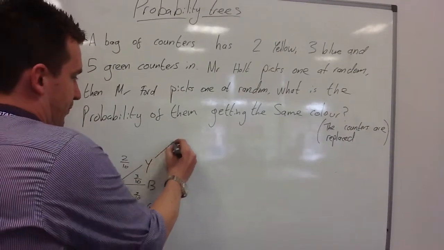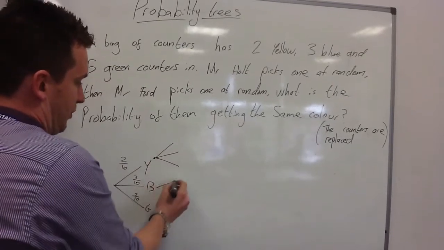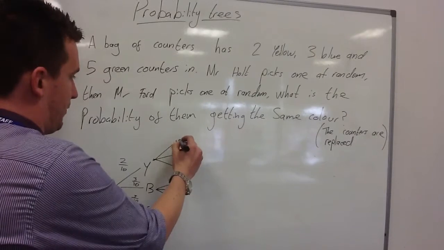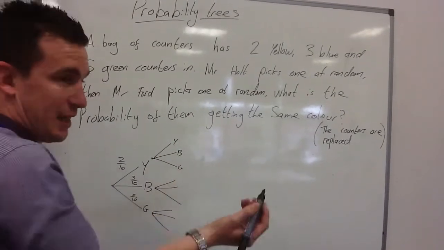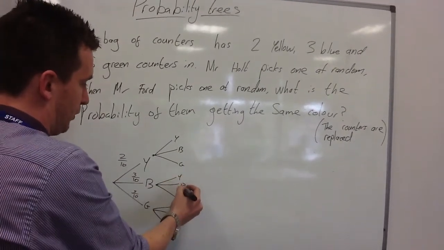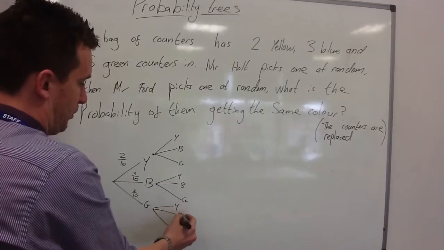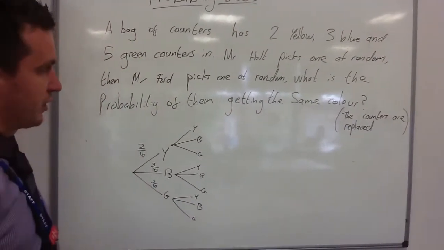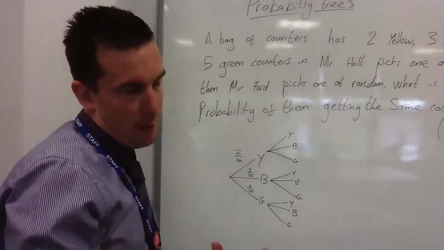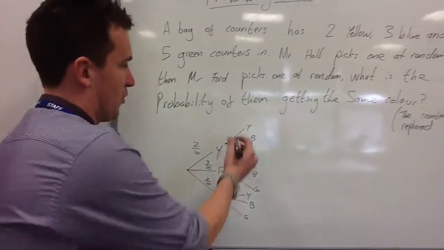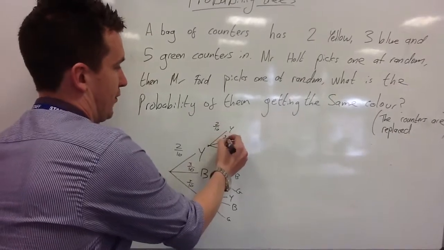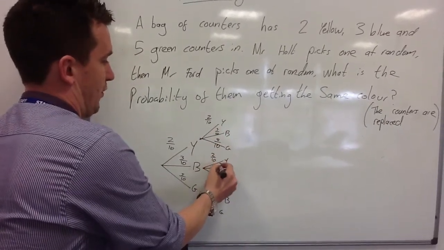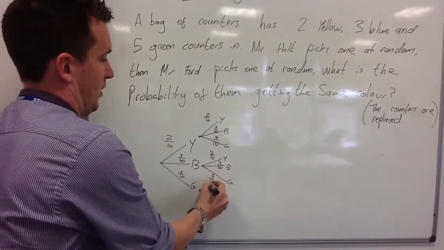From there, we've got the second event happening, which is Mr. Ford picking one. He's got the same options as myself: yellow, blue, green, for each of my picks. He's got the exact same probabilities because it's the same number of counters in the bag, because it's been replaced. So it's just going to be 2 over 10, 3 over 10, 5 over 10 each time.